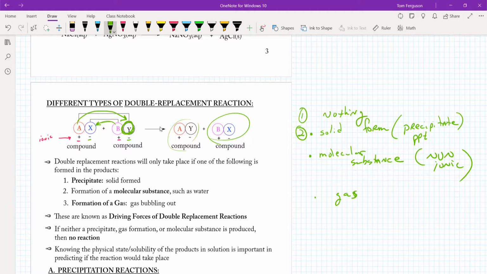Now, these are going to be either AY or BX, not AX or BY, because these are ionic.